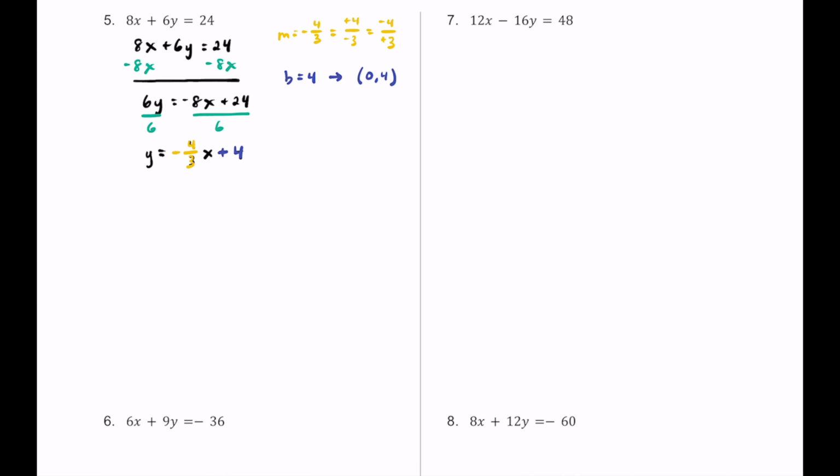All right, let's make a table. Here's our table. We're going to put 0, 4 right in the middle. And then we're going to go ahead and pick some numbers that are multiples of 3. So let's go with negative 3 and negative 6, then positive 3 and positive 6. Now notice that these numbers here are increasing by 3 each time. So if we go ahead and use this ratio over here that's increasing by 3, then our y value should be decreasing by 4.